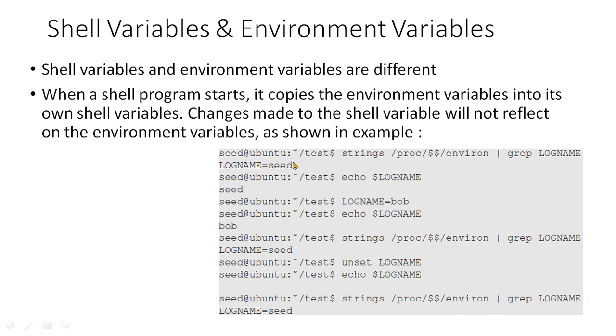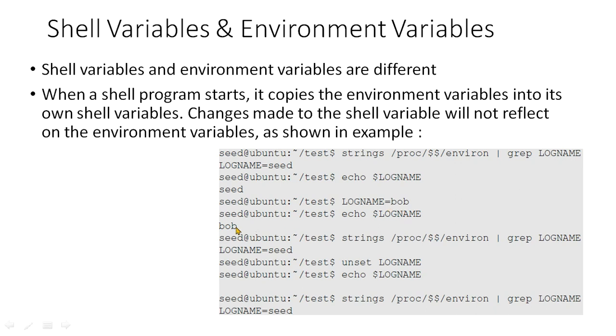Okay. Now on this shell, we try to echo the variable LOGNAME, and we see it is also seed. Then we try to assign this variable another value. We assign LOGNAME as Bob, and we try to see the content of the LOGNAME variable.